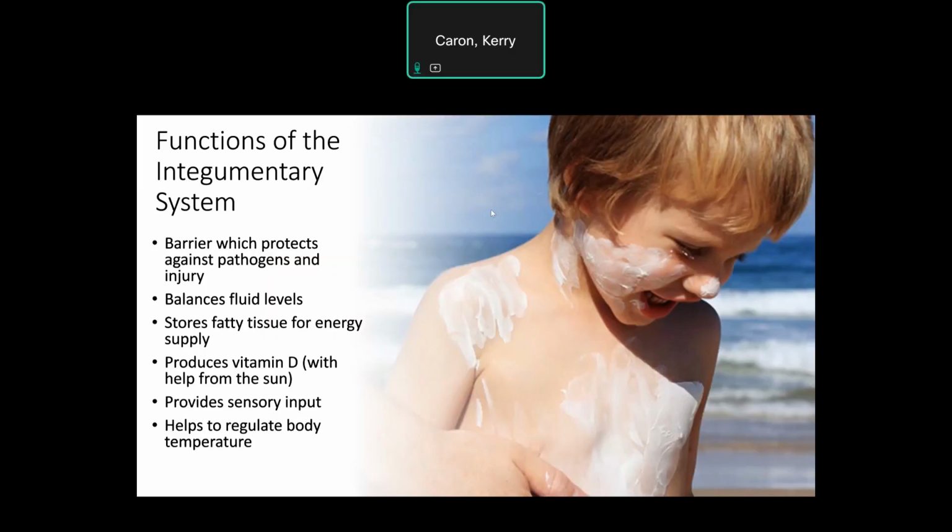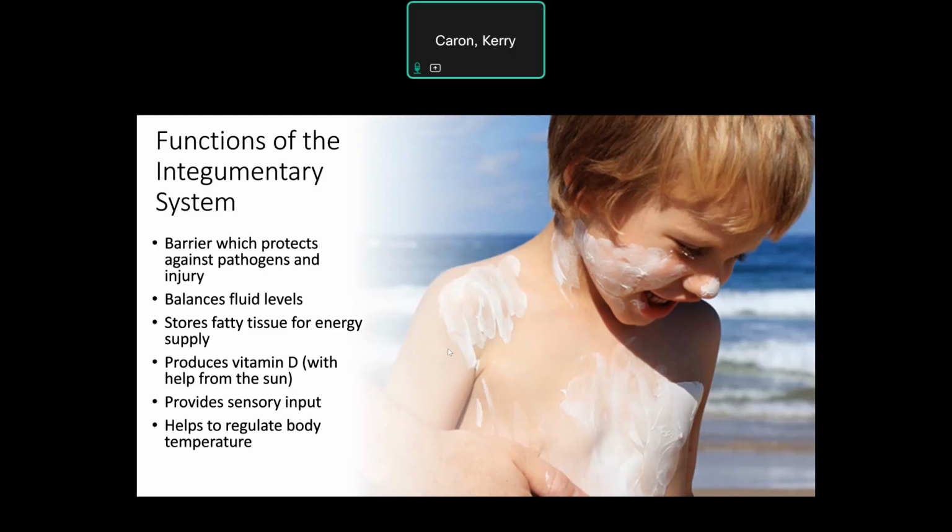So functions of our integumentary system, it essentially is our protection. It's 20 pounds of protection. It's a barrier, protects us against pathogens, protects us against injury. It helps us balance fluid. It stores some fat for energy supply.